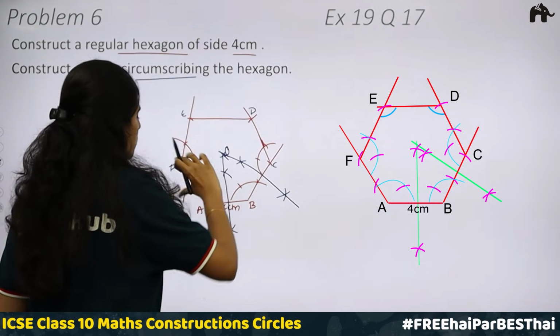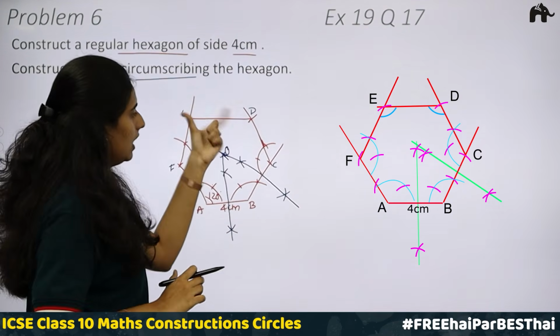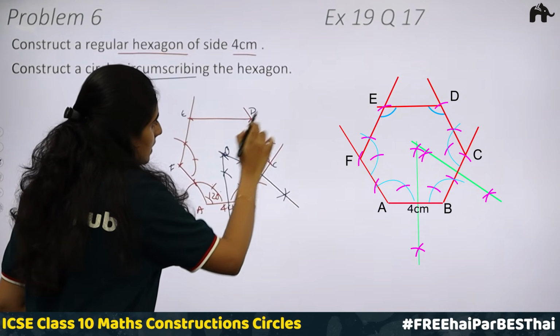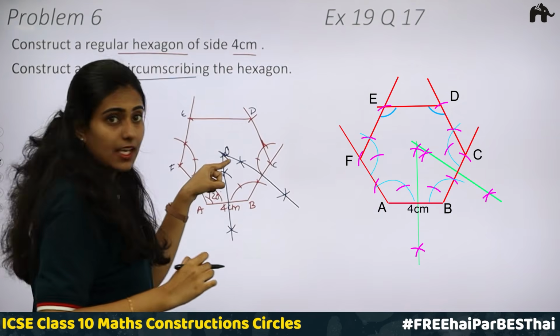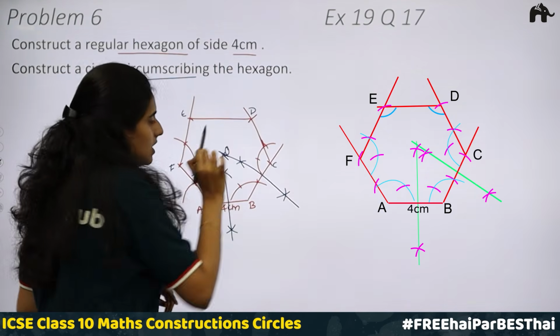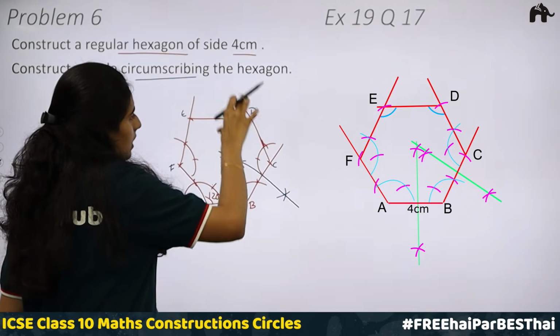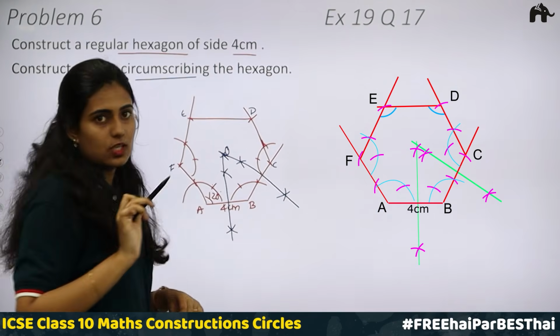Okay. Now if you draw perpendicular bisectors for AF, EF, DE, CD, etc., we'll get this perpendicular bisector meeting at the same point O. So this is the circumcenter. Okay. Now we can take OA, OF, OE, OD, OC or OB as the radius and draw the required circle.